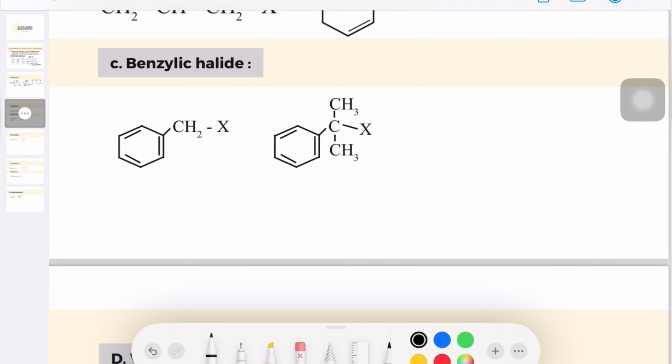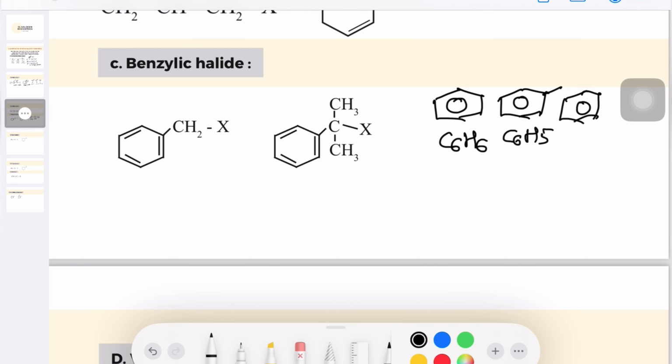Then next is C, the benzylic halide. In benzylic halide, the halogen atom is bonded to an sp3 hybridized carbon atom, which is further bonded to an aromatic ring. What is the formula of benzene? That is C6H6. What is the formula of phenyl? That is C6H5. And what is the formula of the benzyl group? That is C7H7.